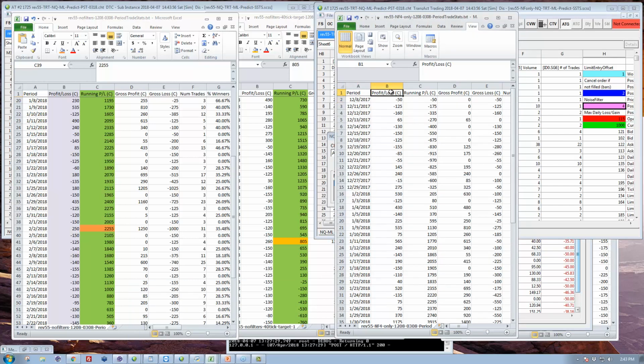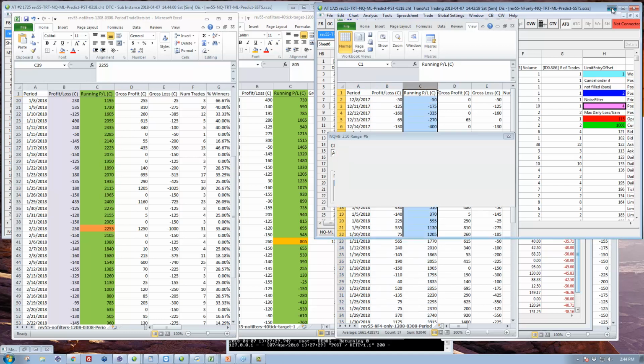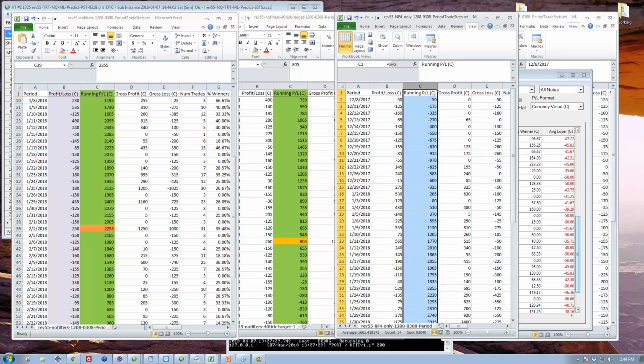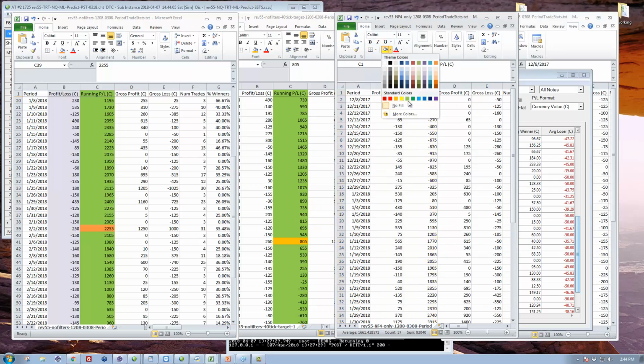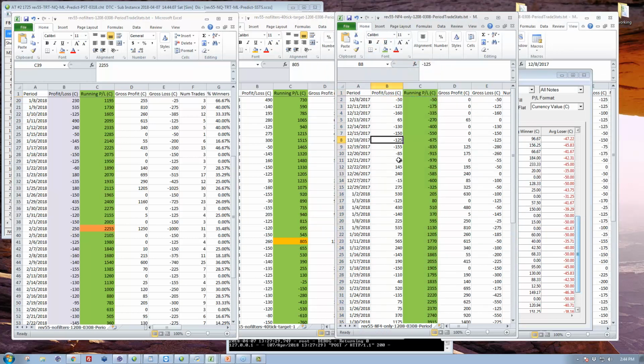All right, so let's make this green so we can easily compare them. Okay, so here's basically test 1, but with a noise filter. All right, and what you see very clearly is just a spectacular number.